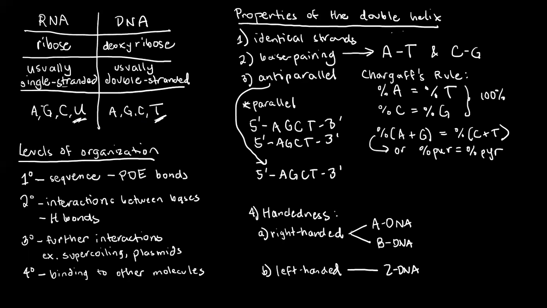So for example, adenine could interact with thymine, cytosine could interact with guanine, and the interaction that they make is primarily hydrogen bonding.